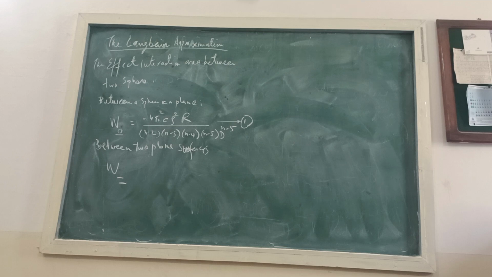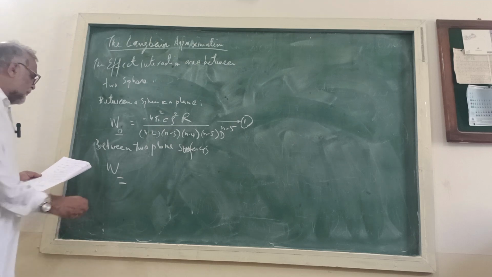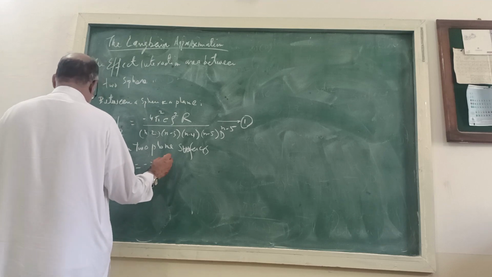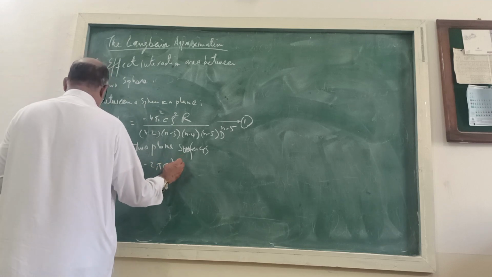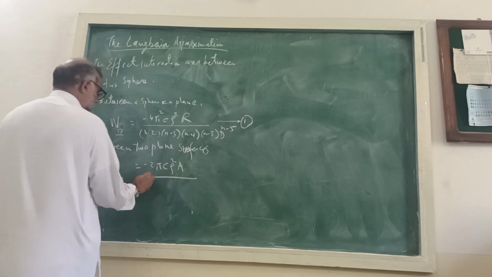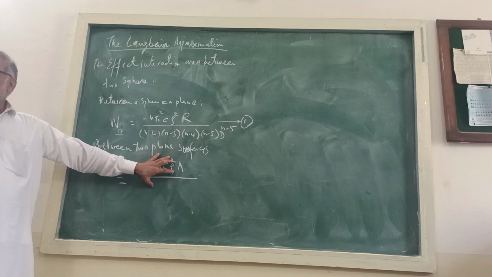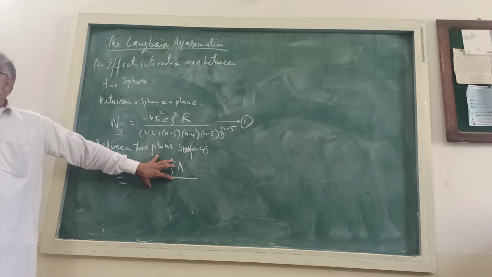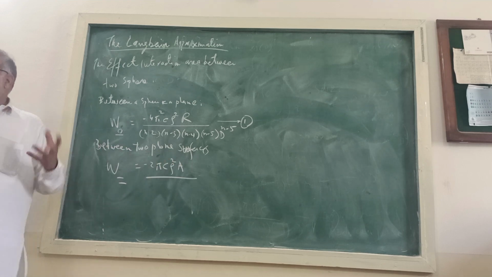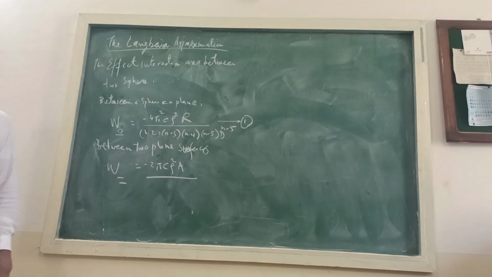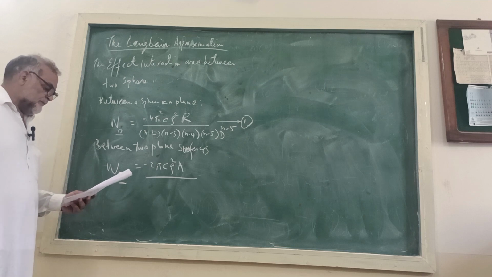The interaction energy between two plane surfaces was equal to minus 2 pi C rho square, and that was per unit area. If you want to find the interaction for some piece of area, then you have to multiply by that area.